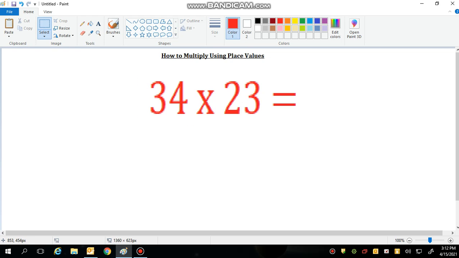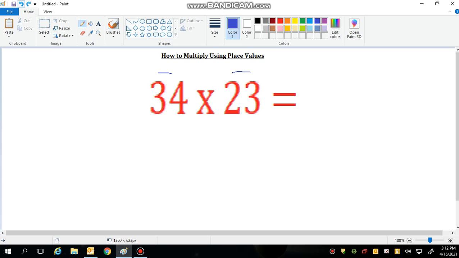Now we're going to use our place value technique to solve this question. You could do high school style multiplication, but let's just use place values here. So step number 1, I'm going to identify which of these numbers, 34 or 23, is the smaller number. Obviously 23 is the smaller number, isn't it?